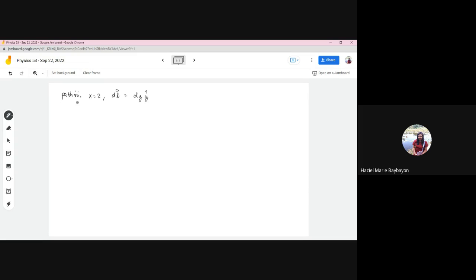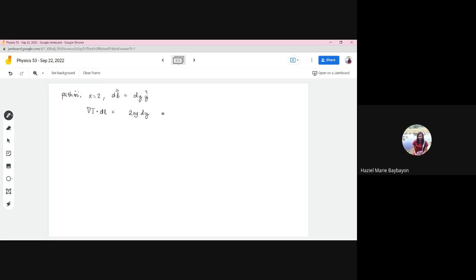Okay, so the gradient of t dot dl is as follows. The gradient of t is equal to y squared x hat plus 2xy y hat. So you have 2xy dy.